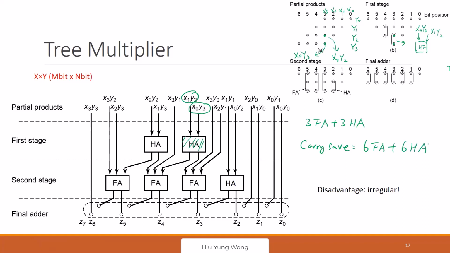So that saves a lot of area, and also the speed will be much faster, right? The only problem for this is it's irregular, compared to carry save, because you really don't know. I mean, the second stage has many more adders than the first stage.